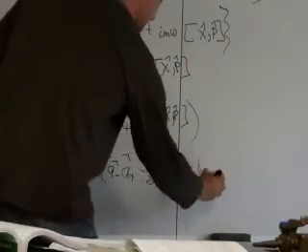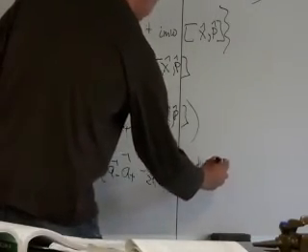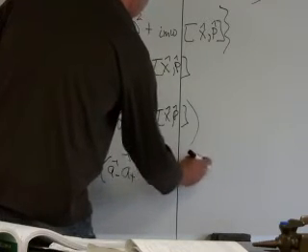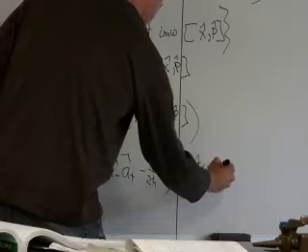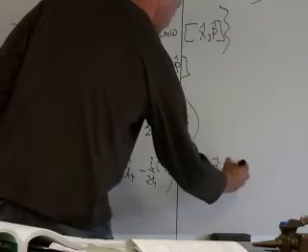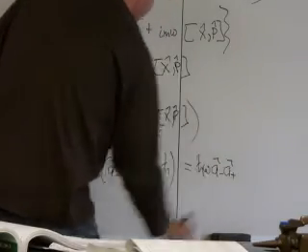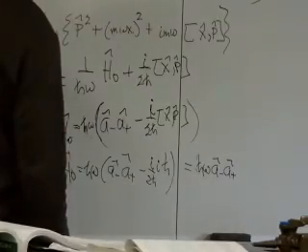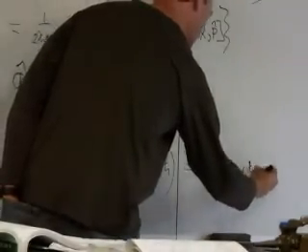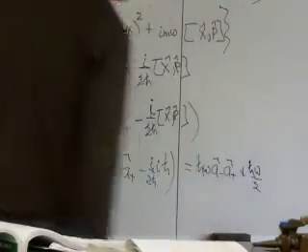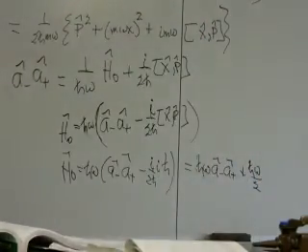So it's h bar omega, a minus dagger, a plus dagger, plus h bar omega over 2. So it was an i.